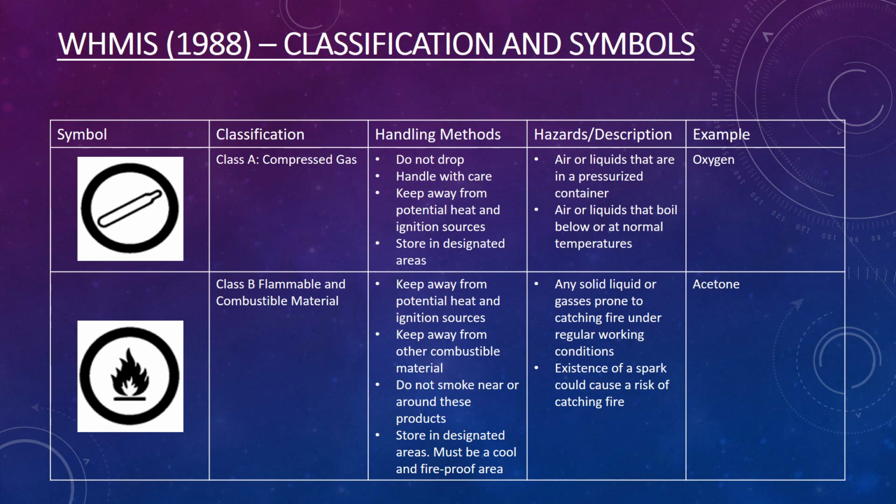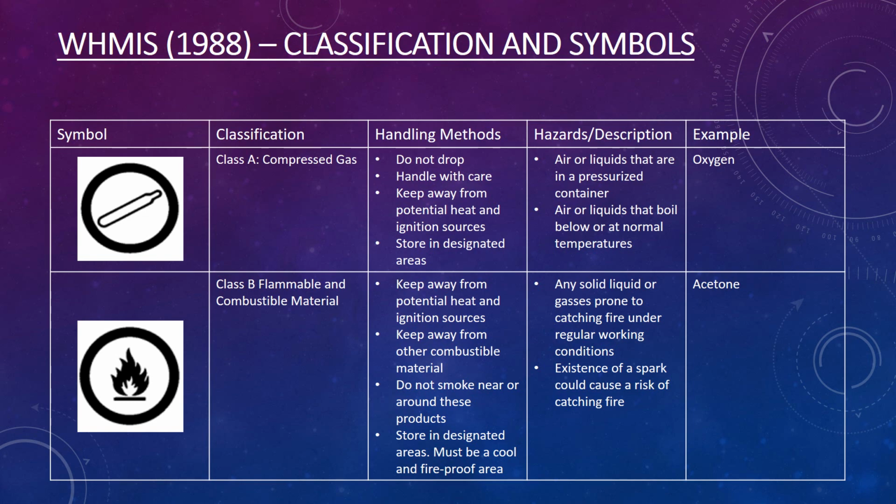Class B, flammable and combustible material. Keep away from potential heat and ignition sources. Keep away from other combustible material. Do not smoke near or around these products. Store in designated areas.